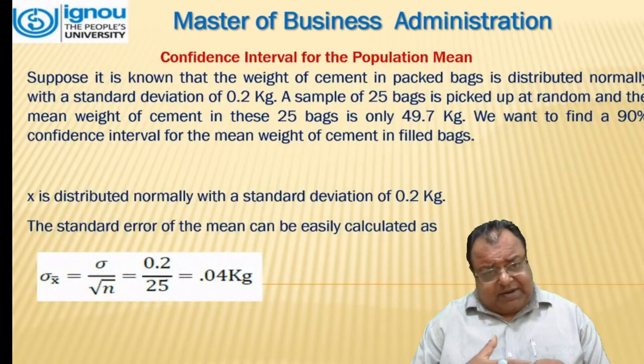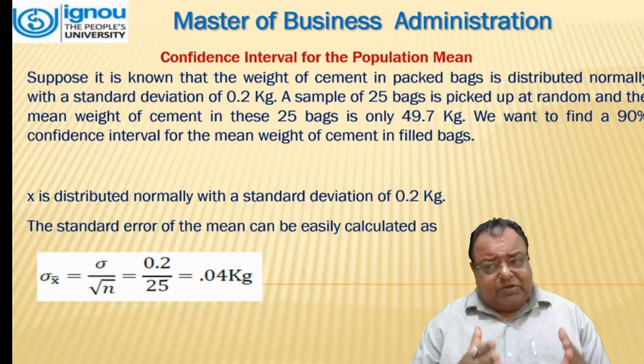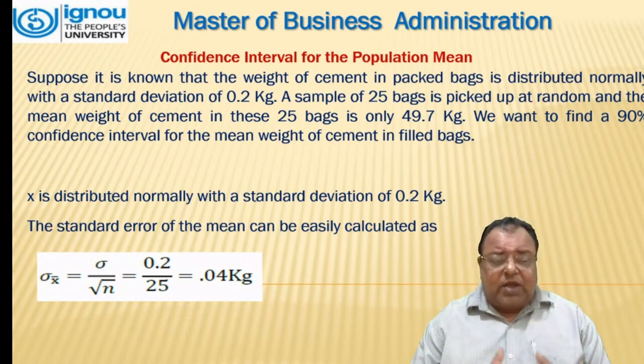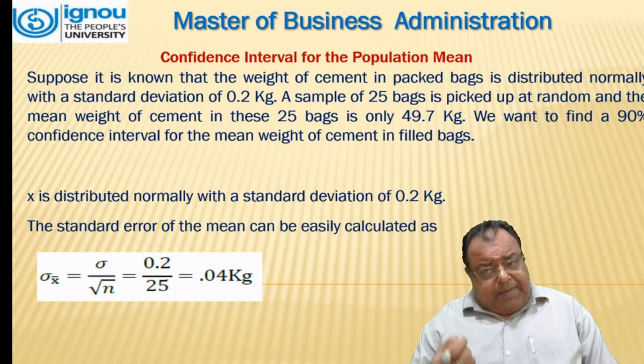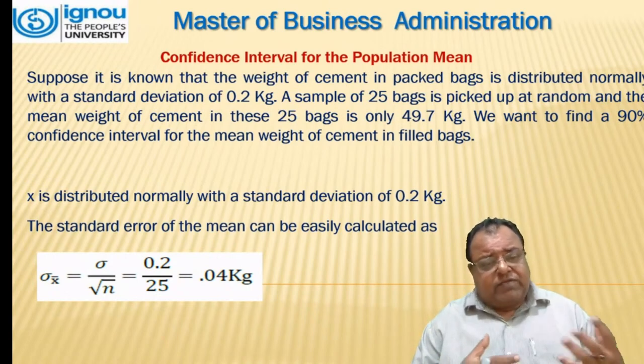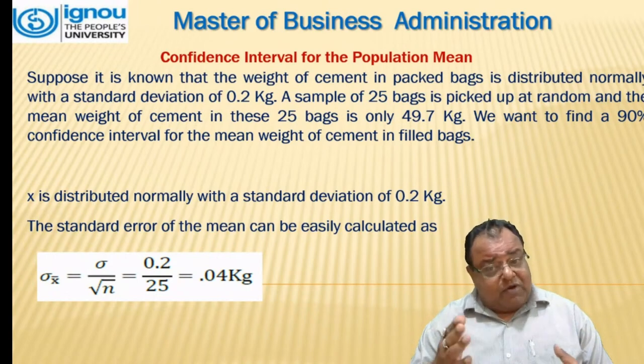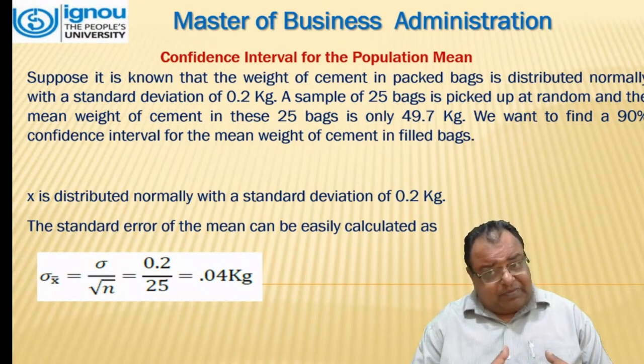Suppose it is known that the weight of cement packed in bags is distributed normally with a standard deviation of 0.2 kg. A sample of 25 bags is picked up at random, and the mean weight of the cement in these 25 bags is 49.7 kg.